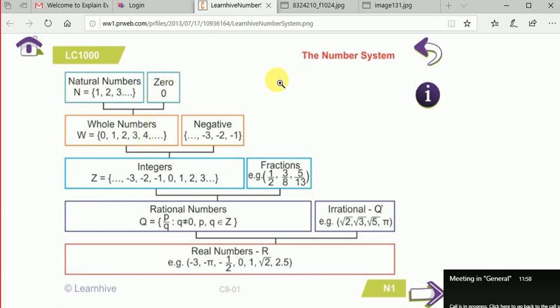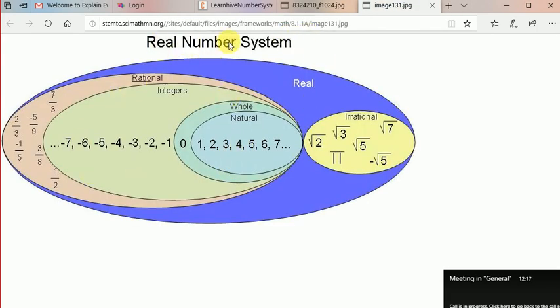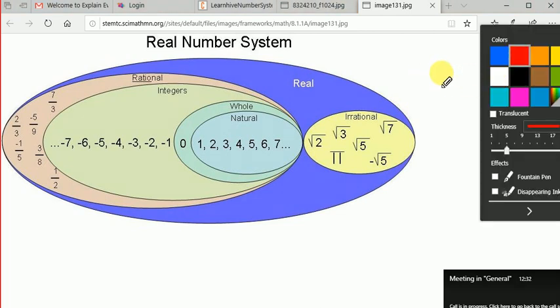Now after studying what are rational numbers and irrational numbers, altogether rational and irrational becomes real numbers. So all the numbers come under the category of real numbers. Now second portion, if we see it in this way, it's a better way. This is real number. All real numbers are rational, irrational, integer, whole, natural. Real numbers are everything except complex numbers.